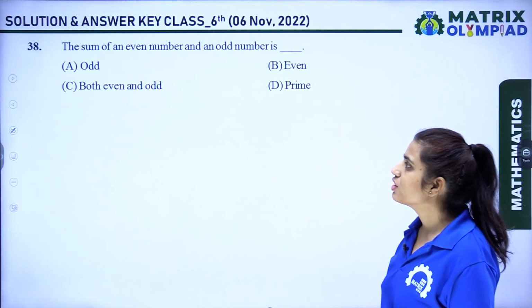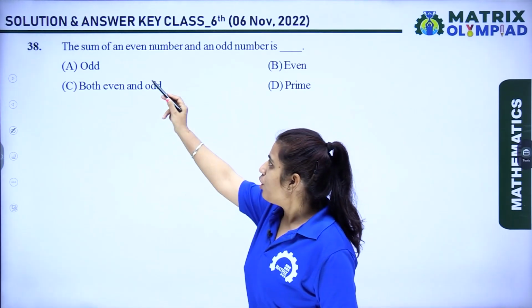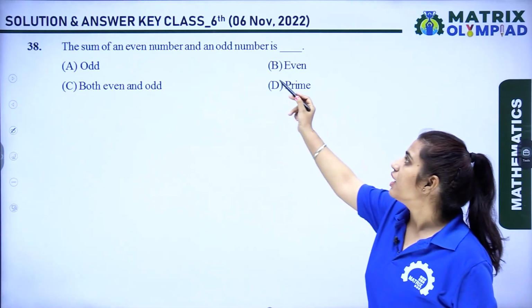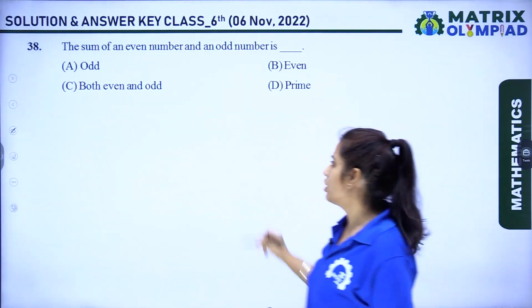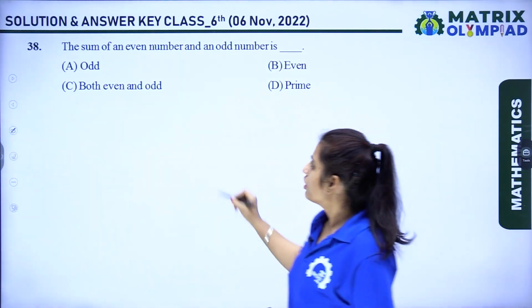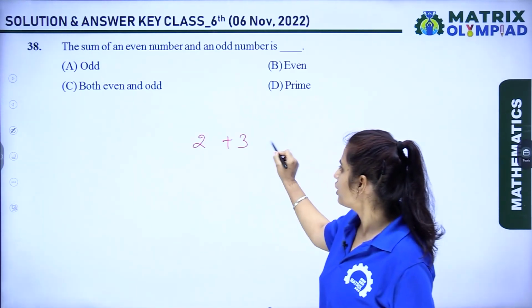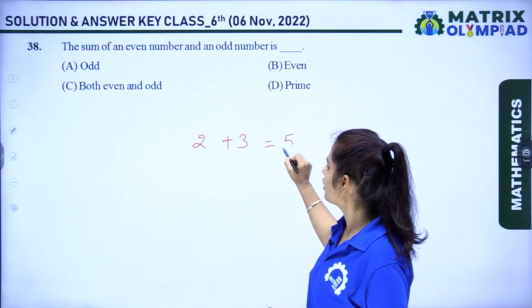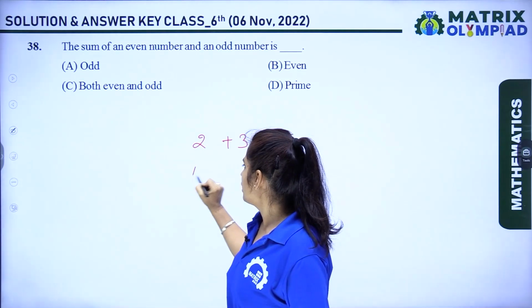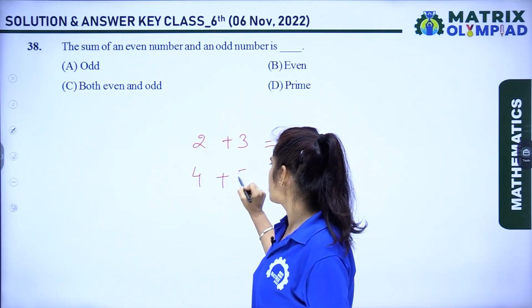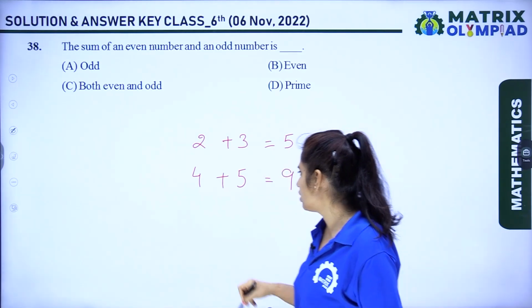Now let's solve the next question, that is 38. The sum of an even number and an odd number is. Now we have to find out the sum of an even number and an odd number. Let's take an example. Even number is 2 and odd number is 3. So after adding 2 and 3, we get 5. Let's take one more example. Even number is 4 and odd number is 5. So here 4 plus 5 is 9.